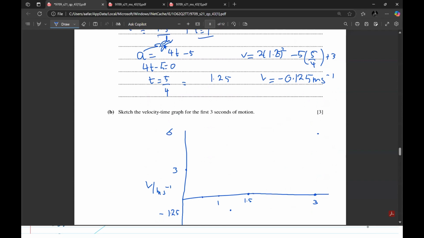So let's sketch the curve now. It's going to look something like this. It's a bit sharp. Oh, sorry, negative 0.125. Thank you for pointing that out.